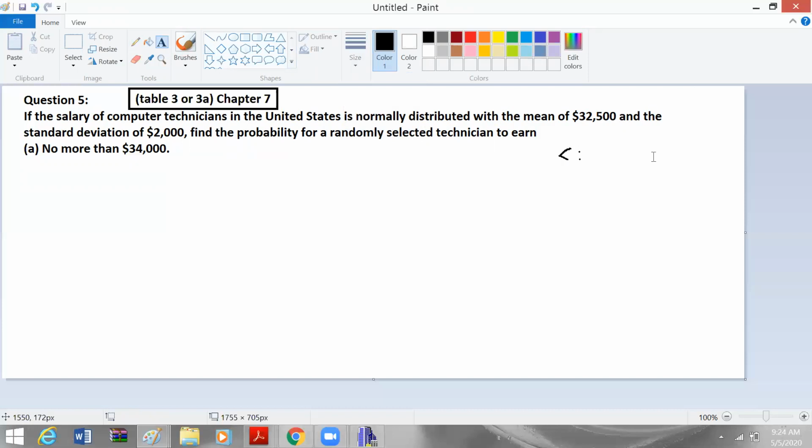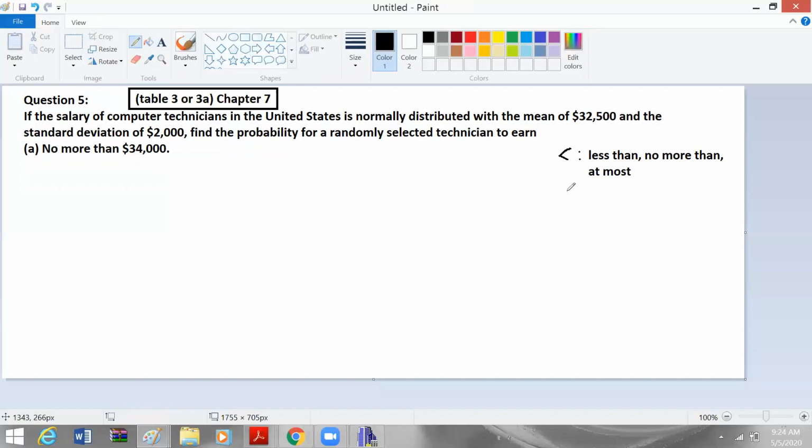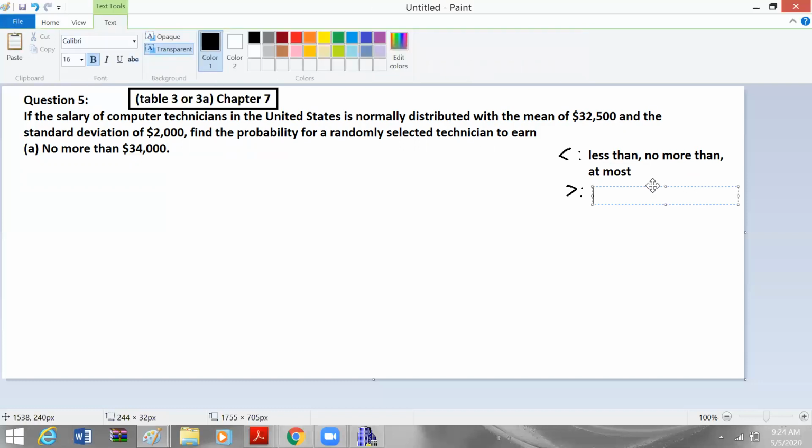So this is going to be like less than, no more than, at most, I'm sorry about that, when we have a cycloid event. And the other ones should be more than, no less than, and also at least. So all of these keywords, we're going to pay attention to that.